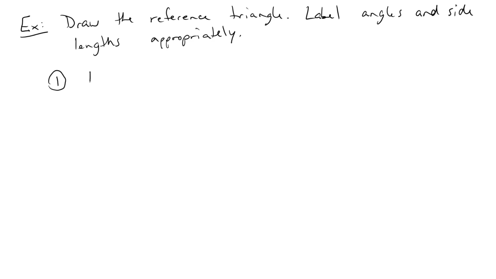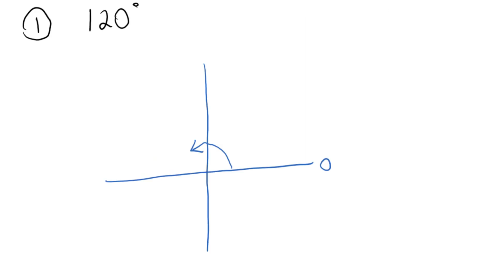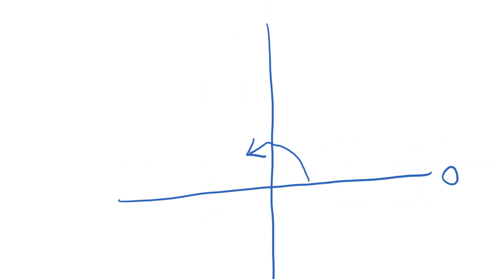let's say 120 degrees. So we go to our plane, we rotate 120 degrees from 0, so that's past 90, that puts us here. So our terminal side is going to look like this, let's say. So this is 120 degrees.